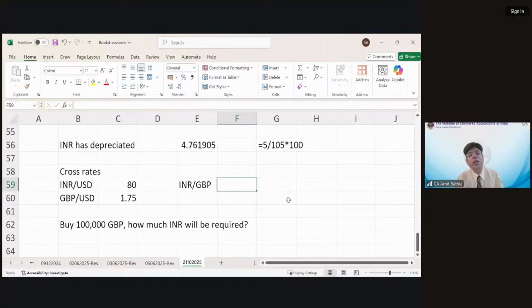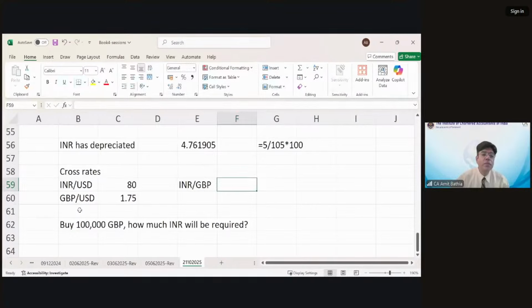INR to USD is 80 rupees, and GBP to USD: 1 USD is equal to 1.75 GBP over here. Remember, I have expressed this where USD is the base rate.